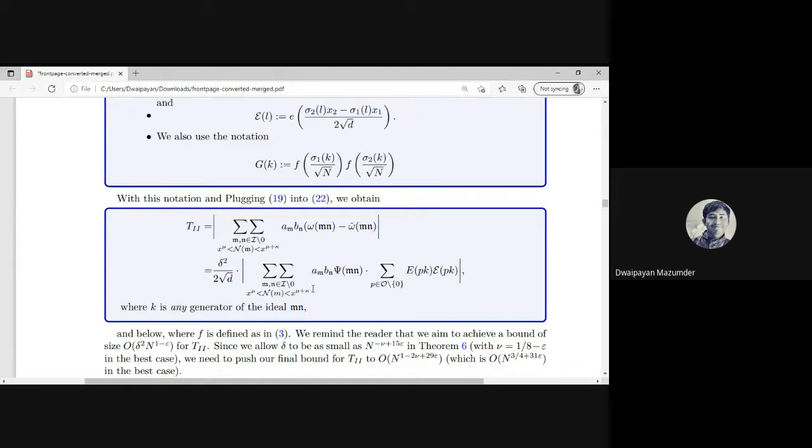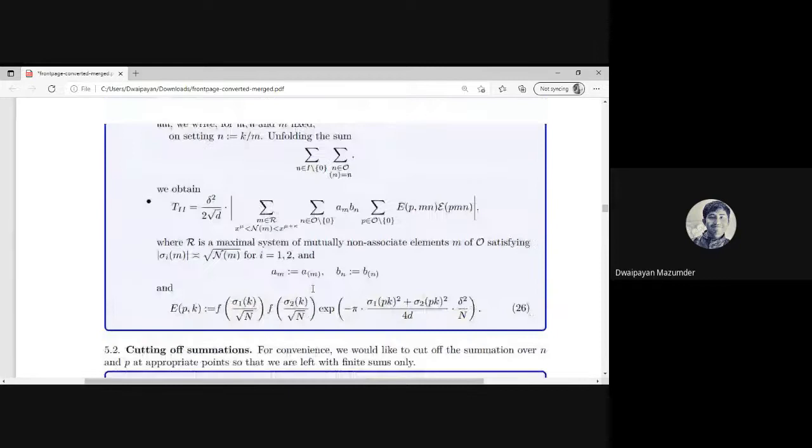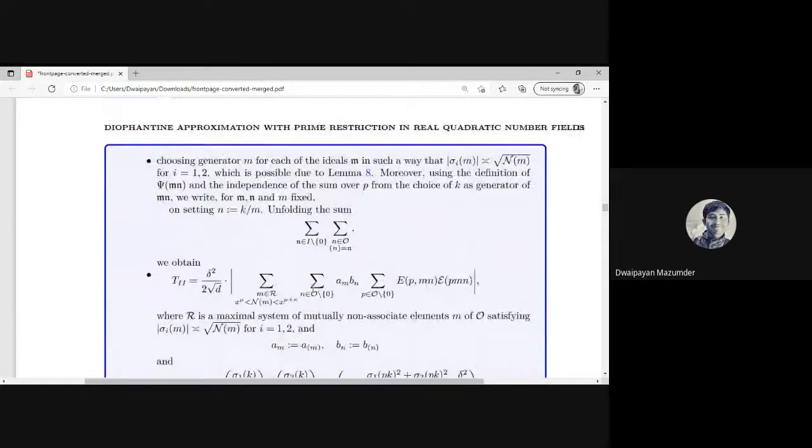So this summation in our case will be the sum over our ideals, and after that we are collecting the generators, k is a generator of ideal mn. And now what happens is, as I have said already, we will use this lemma on and on. So we will choose every generator m of this ideal capital M in the range of square root of norm of m.